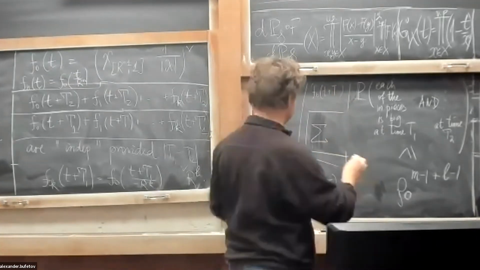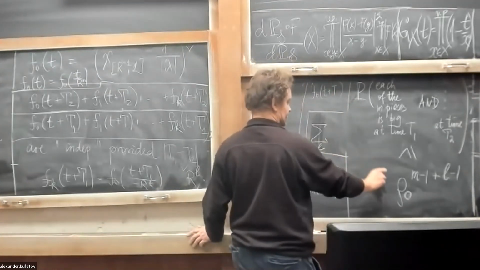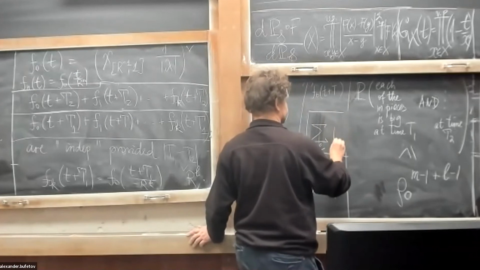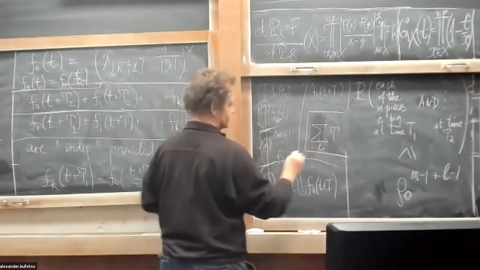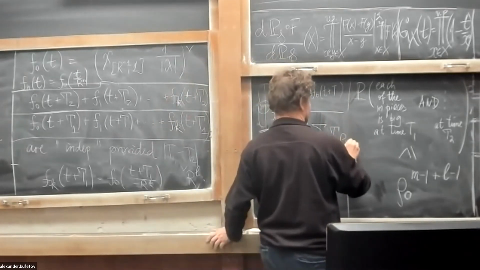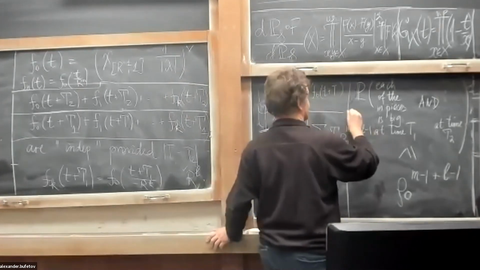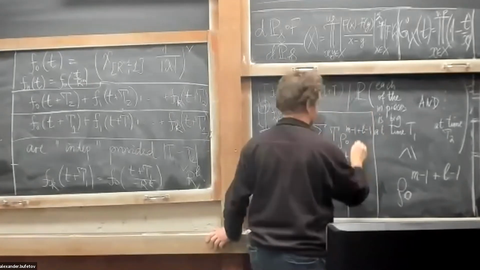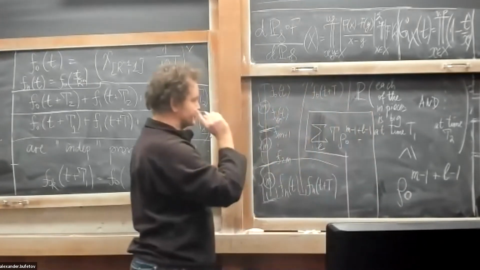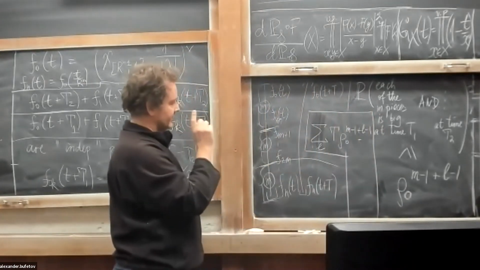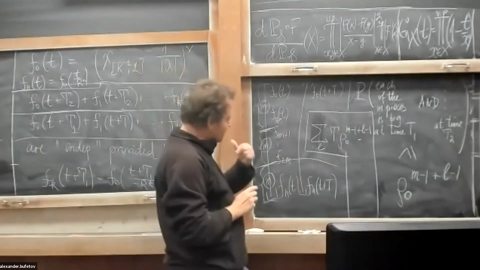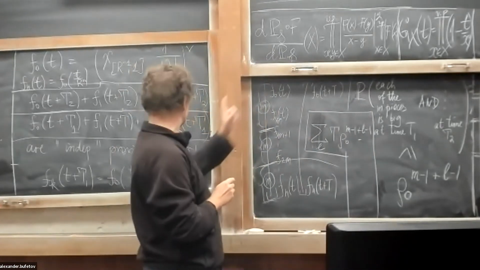I need to consider the sum over all L. So I have T whole number of times, rho 0 to the m minus 1 plus L minus 1. And then I observe that, please observe, I'm summing over couples, T1 and T2.